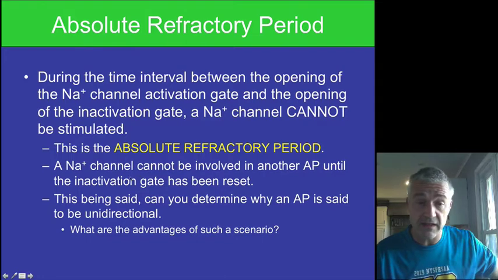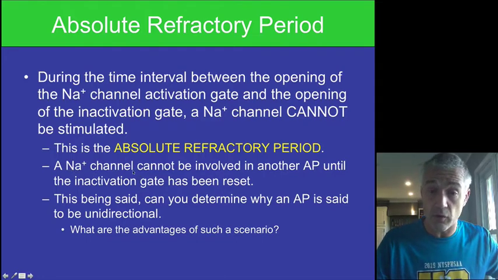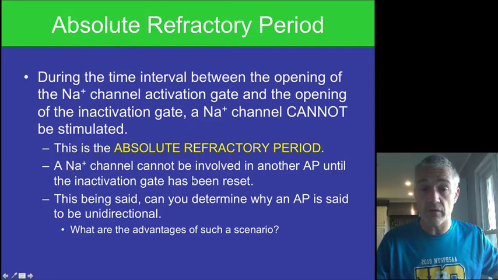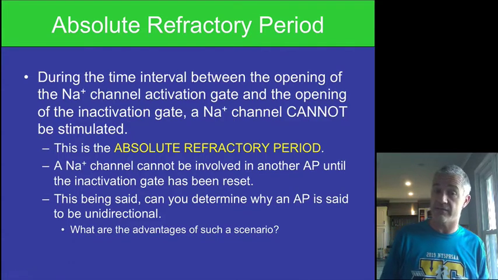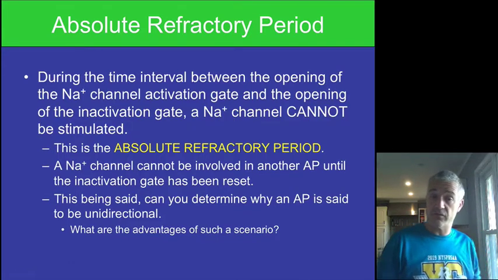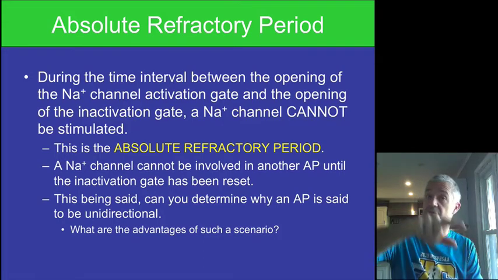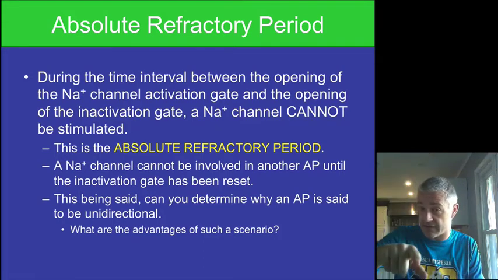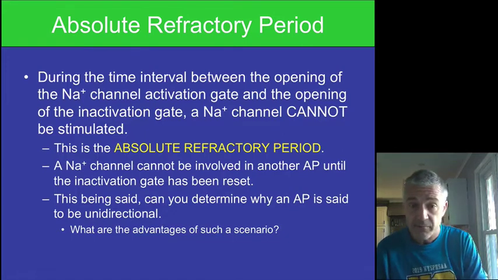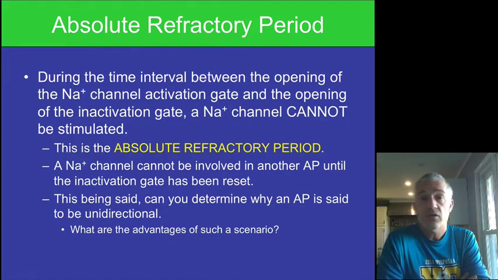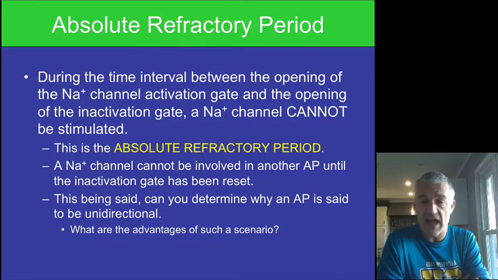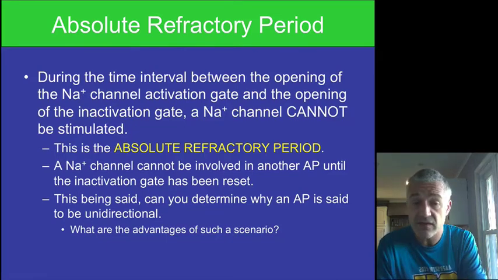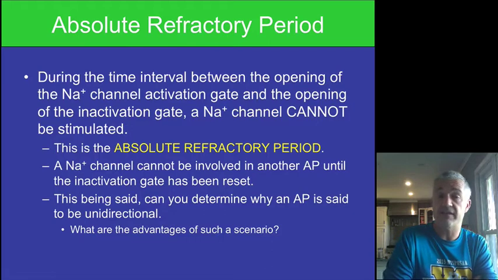So what this is meaning is when you're in the process of depolarizing and starting to repolarize, you can't polarize something that is still currently depolarized. That is that absolute refractory period. So during that going up and then back down until it gets back to beneath the resting potential, you're not going to have the ability to re-stimulate that membrane. That is that absolute refractory period. It doesn't matter how large the stimulus is, that is the absolute refractory period.